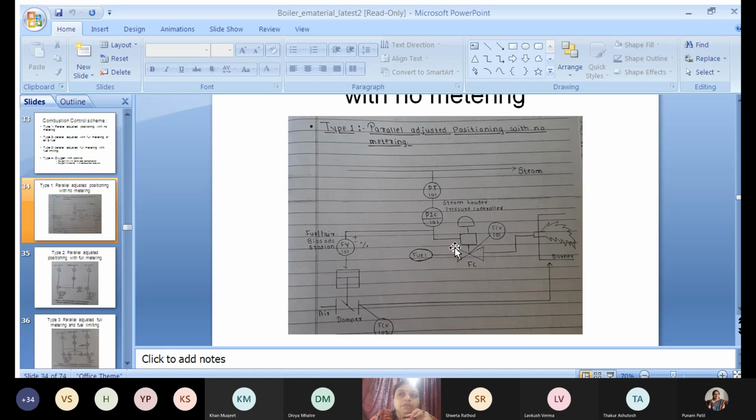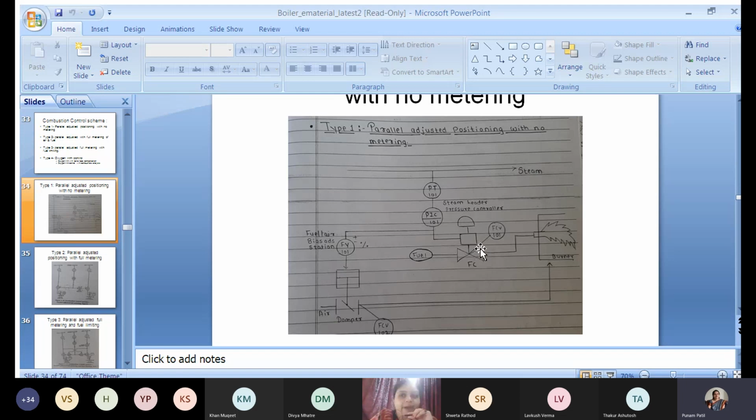Now, this is the fuel control valve. This particular valve, which is installed in the fuel supply line, is the fuel supply valve. It is a pneumatic valve with positioner. This valve is called a damper, and you will see this valve is installed in the air supply line.